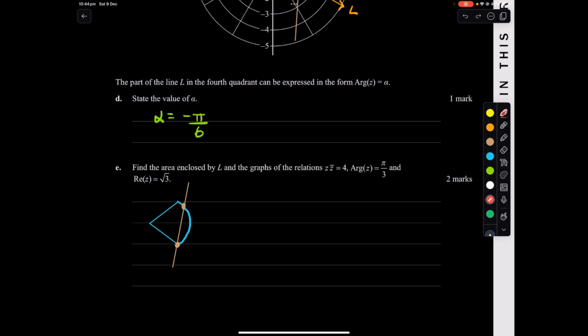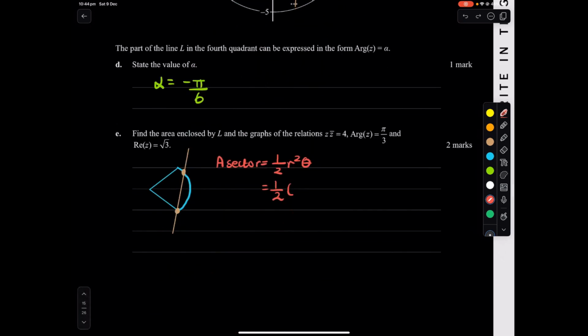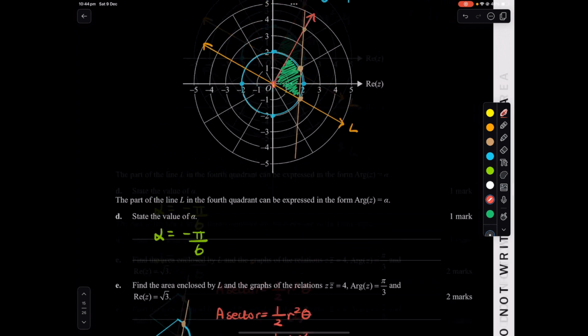The area of a sector is half r squared theta, where theta is this angle over here, and r is the radius. In our case, the radius is just 2, so we can say 2 squared. And what is our theta?